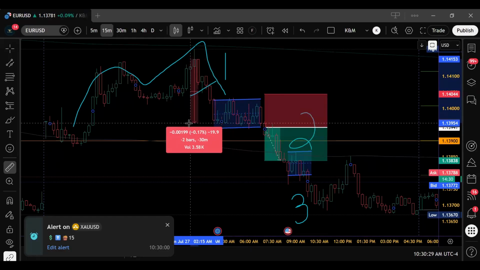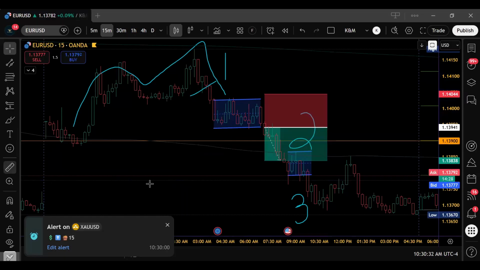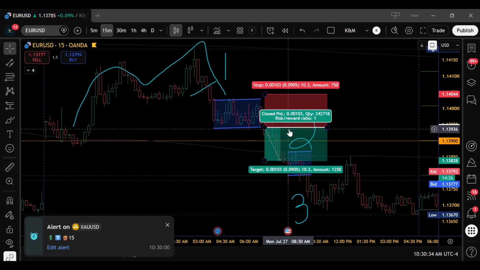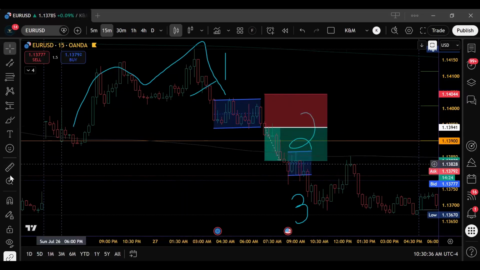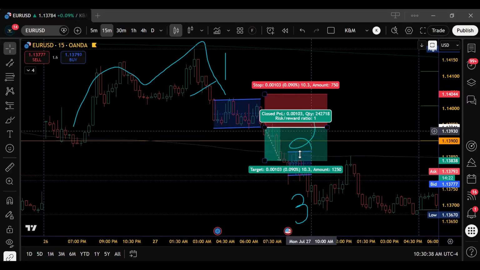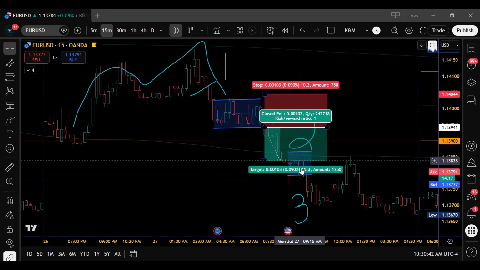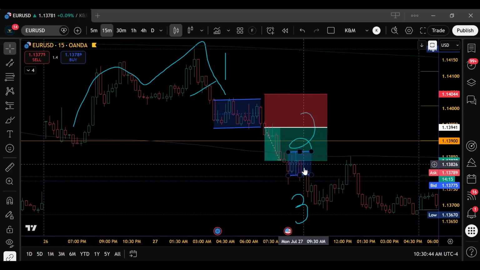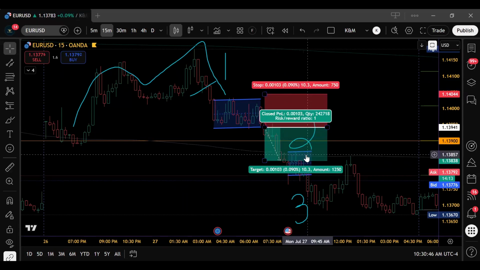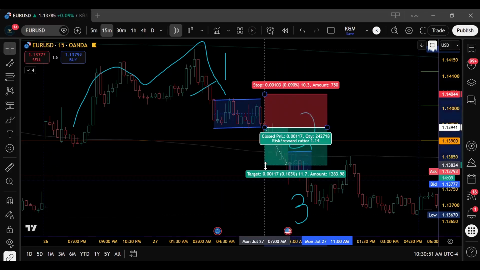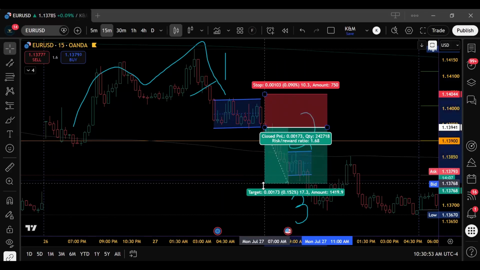So that lets me know that we should be able to catch 20 pips from the second level to the third level. So from my entry, I'm going to set this down to 20 pips. When you use the forecast tool, this number in the middle, the 10.3, is the amount of pips. So we're at 10 pips. So we're going to drag that until we get to 20.